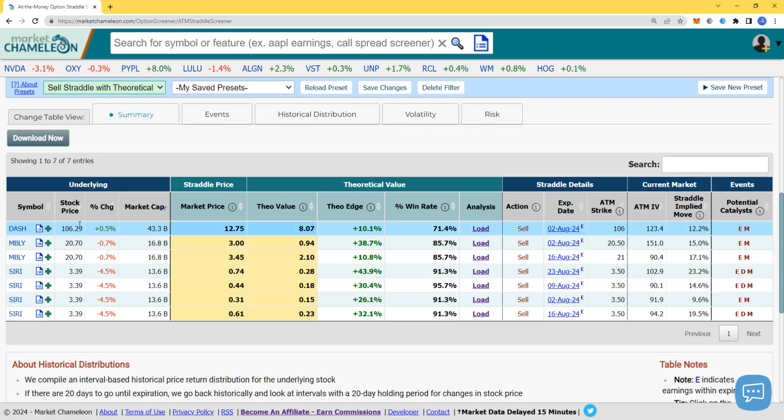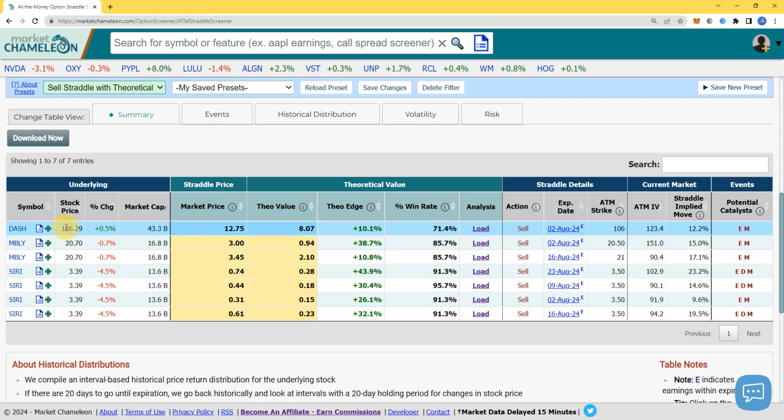Let's say you sold right now the 106 put and 106 call, which is you sell the straddle. You collect, let's say you put a limit of 13, you collect $1,300 compared to a theoretical value of $800. So you collect an extra 500 bucks, and you are making money as long as DoorDash stays within range. Let's say this is 13 bucks.